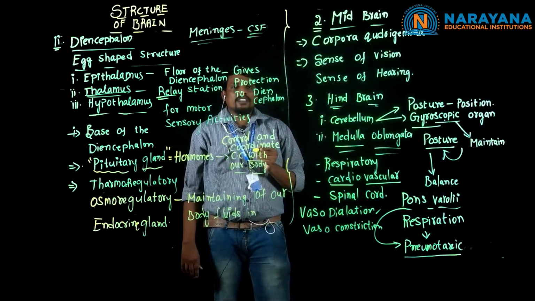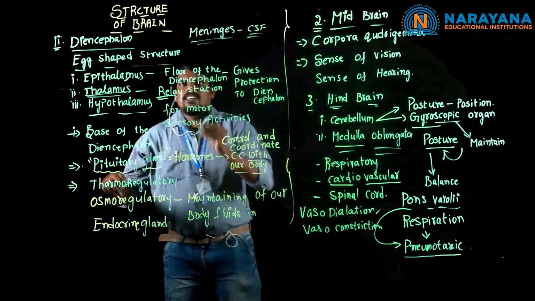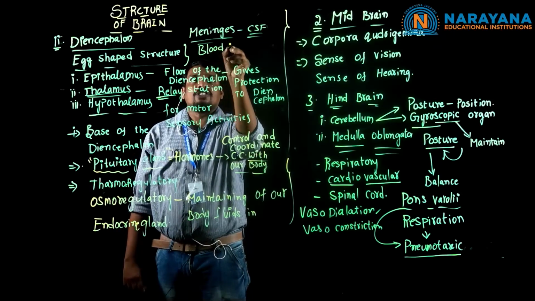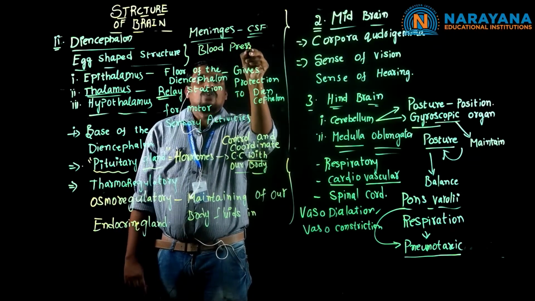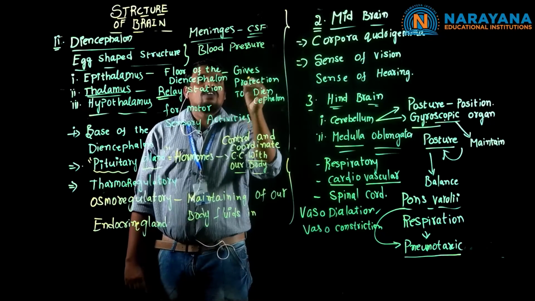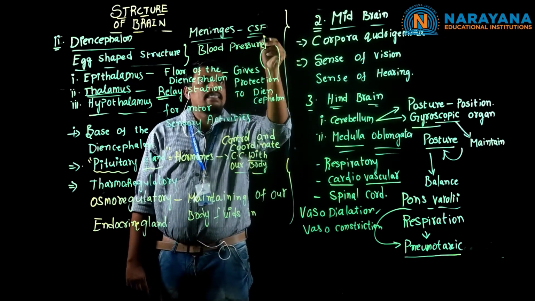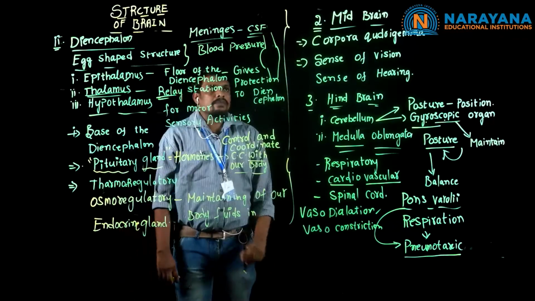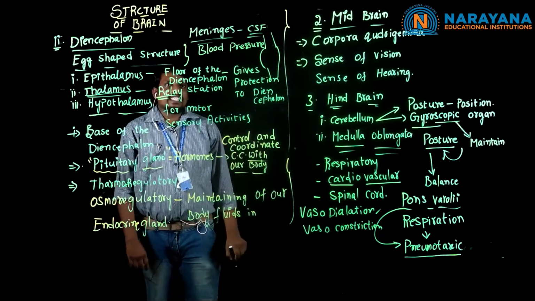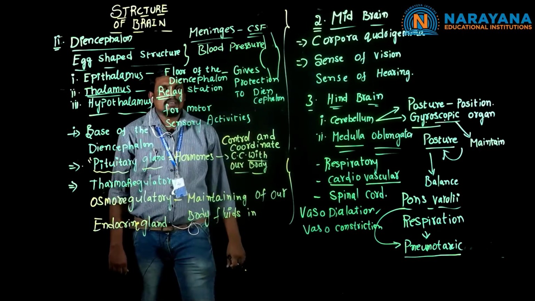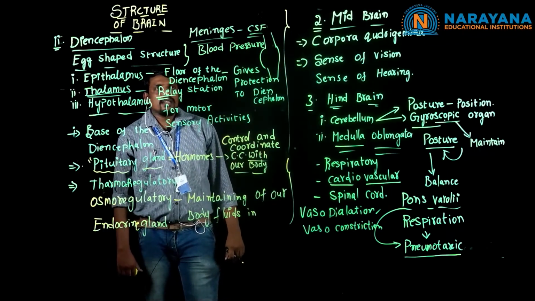During blood pressure, you know that blood pressure is there, no? So when blood pressure increases, what will happen? The diameter of the blood vessel increases like this. When blood pressure decreases, the diameter of the blood vessel will decrease. Clear?